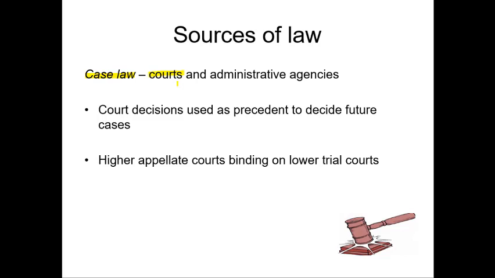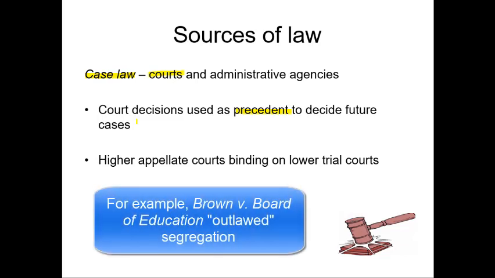This is how courts have accumulated a lot of power over the years: whenever they rule on some decision, that sets a precedent. So that's what case law is, when these court decisions are used as a precedent to decide future cases. And generally, lower courts have to abide by an upper court's ruling.